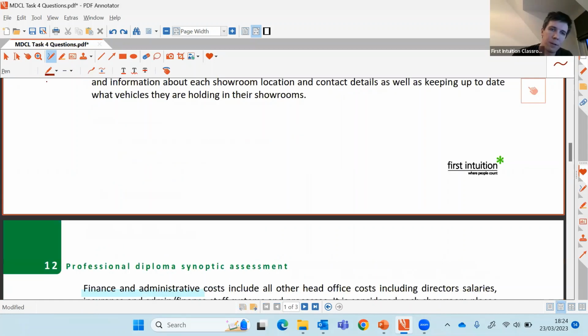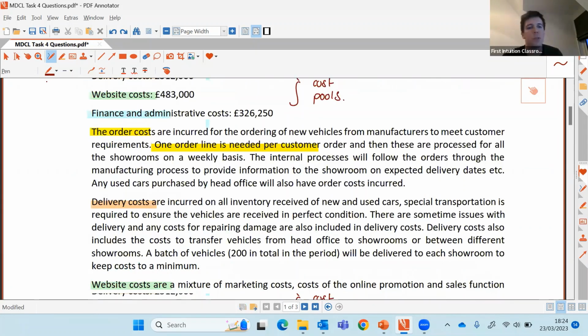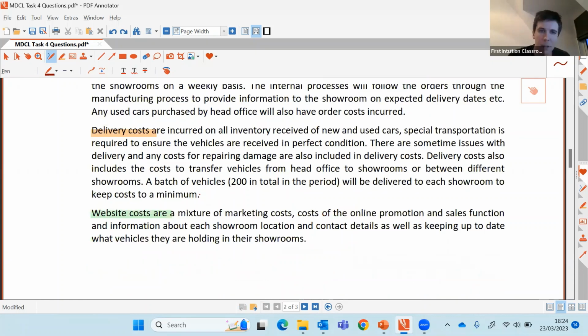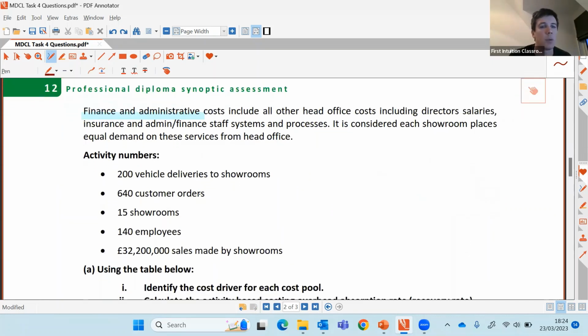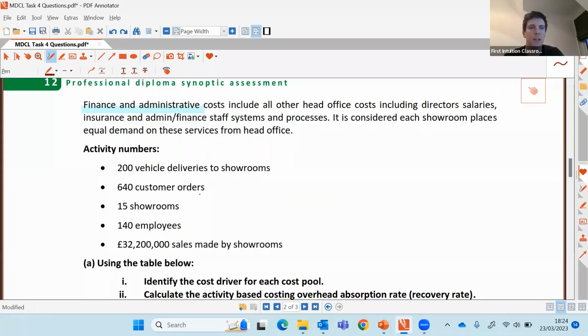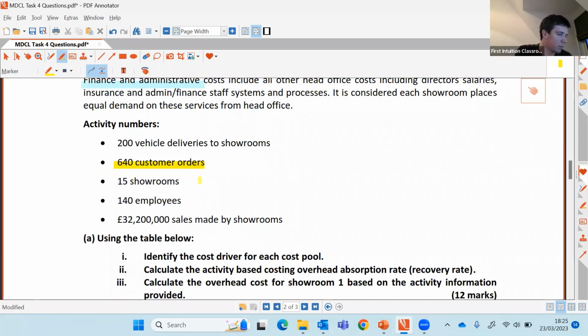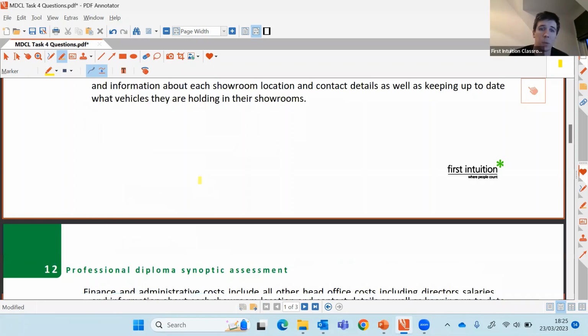So if I have over here £780,000 worth of ordering costs as an overhead, what I need to do is determine how that has been arrived at. You know, what's driven that? And given the fact that they've now told me, as you can see here, there are 640 customer orders, I should be fairly confident that that figure of 780,000 is driven by those orders, because we're told as much in the material.